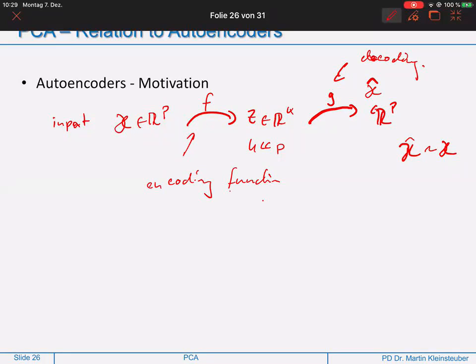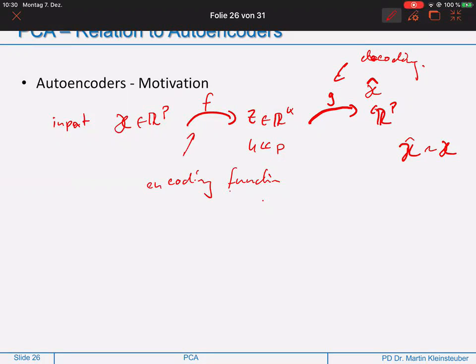The picture behind that is, you have a signal x, and before you send it through a channel, you want to compress or encode it with a function, and on the other side of the channel, your receiver has a decoding function G that reconstructs the signal that was passed through the channel. That is a little bit the idea behind an autoencoder.